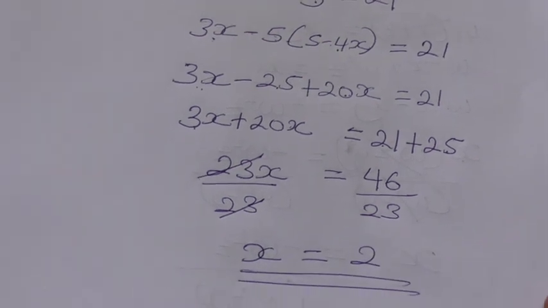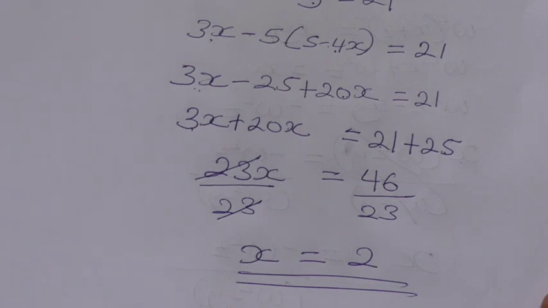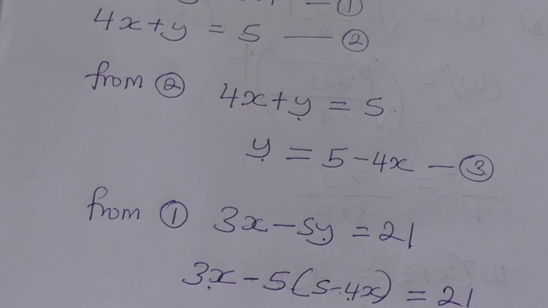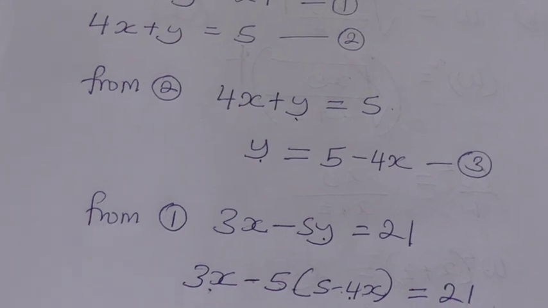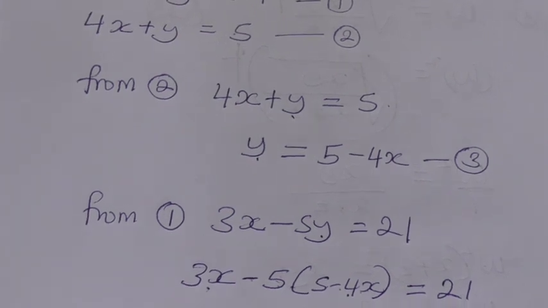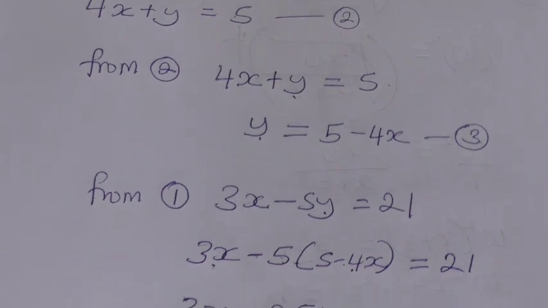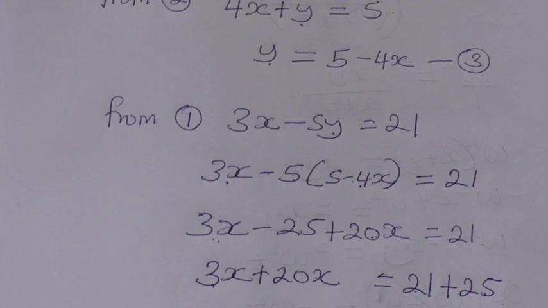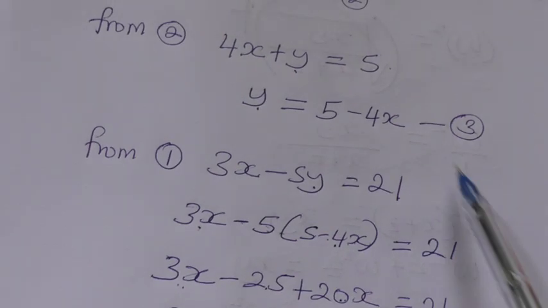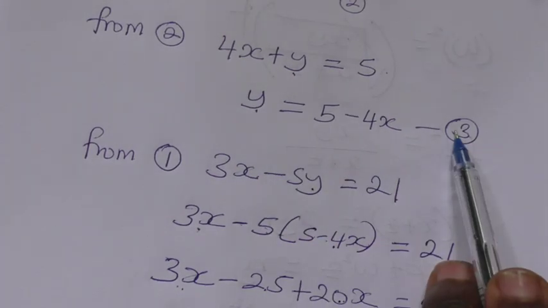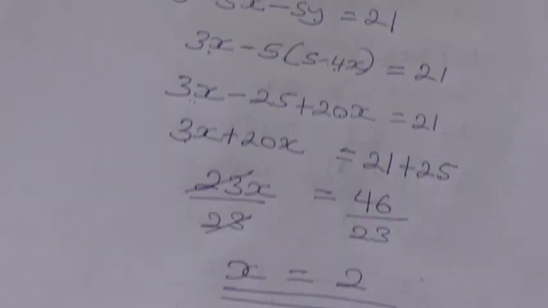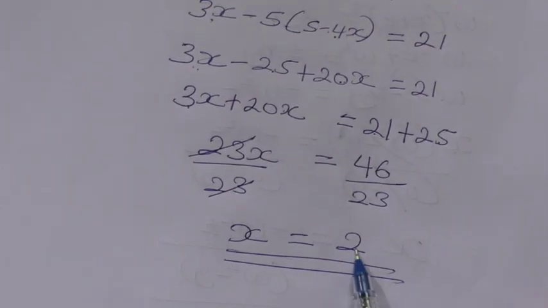That is substitution. We shall realize that in substitution we are aiming at remaining with one unknown, which we can simply find. After that, since we have got x, we are remaining with getting y.